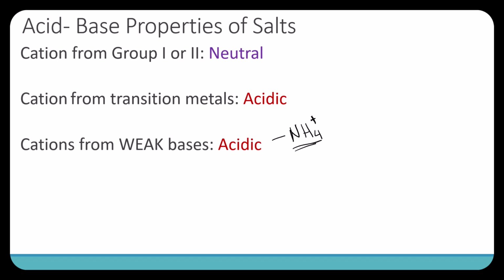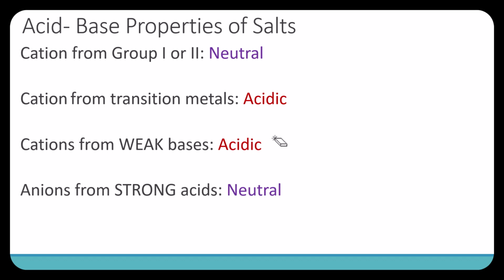Now we're going to move into negatively charged ions, so-called anions. So the last 2 rules have to do with anions. So anions from strong acids would be neutral. Okay. So again, it's important that we know the big 5, we know strong acids, so that we can identify if they are anions.